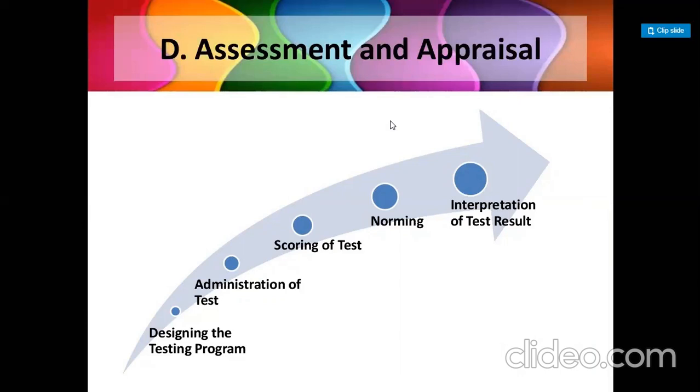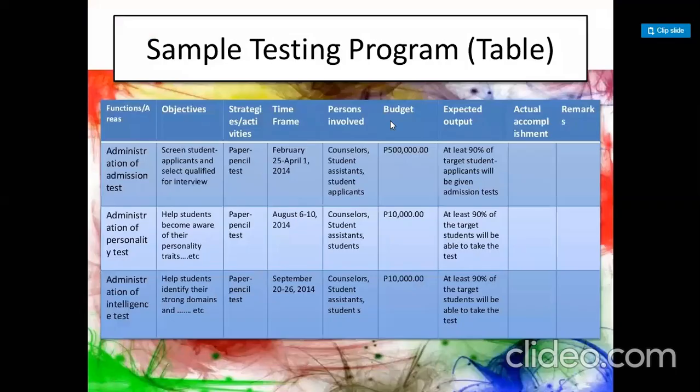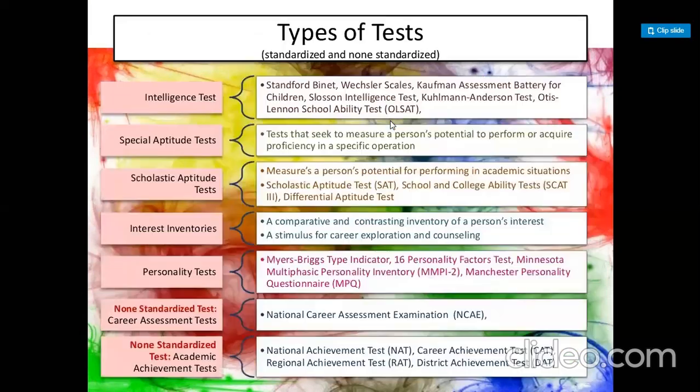So you can understand more of this when you do your psych assessment. Okay, here is the sample testing program. If you're done with your psych assessment, you were asked to make a testing program for elementary, high school, and college. Okay, so here is the example of the sample testing program.